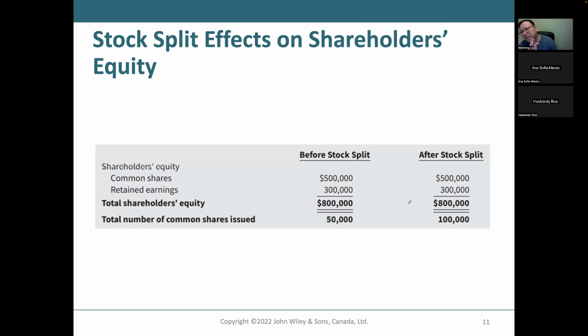How does the cash dividend affect retained earnings? It will decrease. How does the cash dividend affect share capital? I guess it doesn't have any effect. Yes, you're right. So basically, the cash dividend will decrease cash and decrease shareholders' equity.